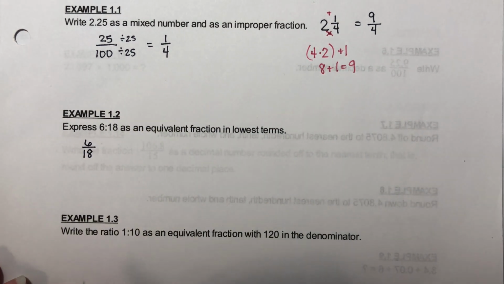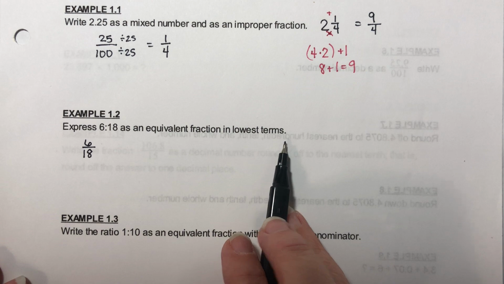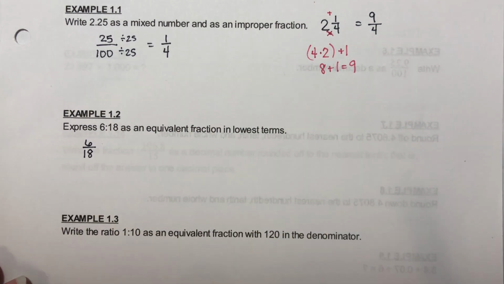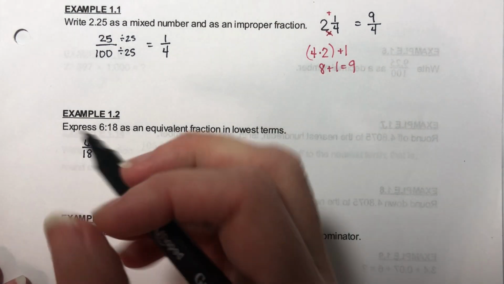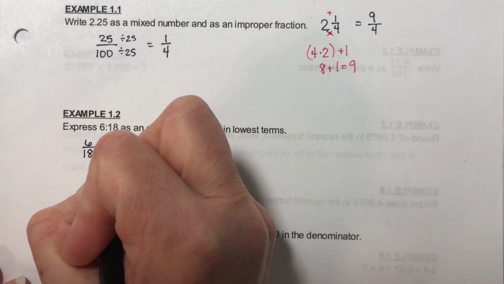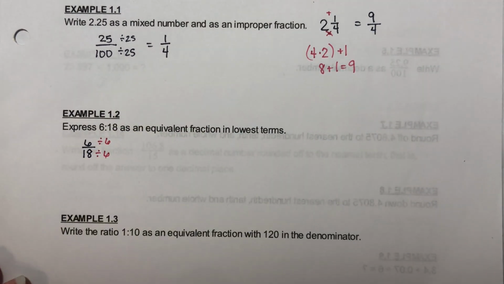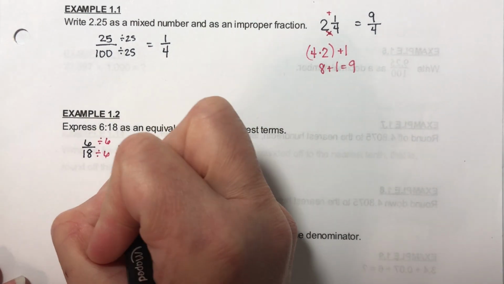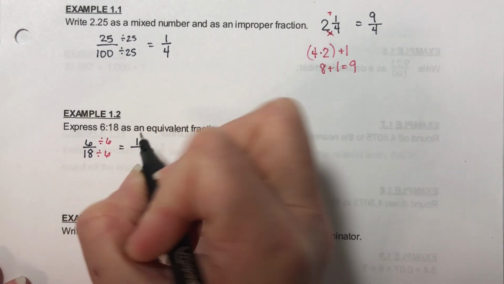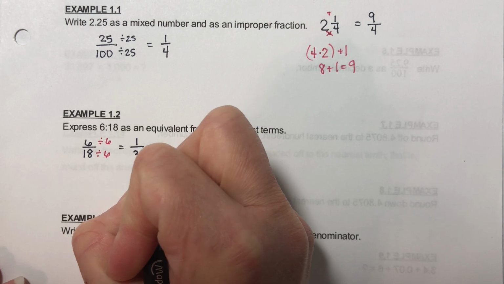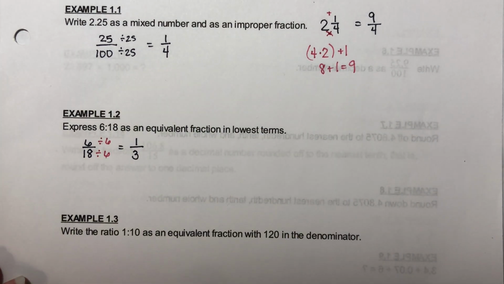We're supposed to write it as an equivalent fraction in lowest terms. So we look at this and see if there's something that they are both divisible by. These are both divisible by 6. 6 divided by 6 is 1, and 18 divided by 6 is 3. So this answer will be 1/3.